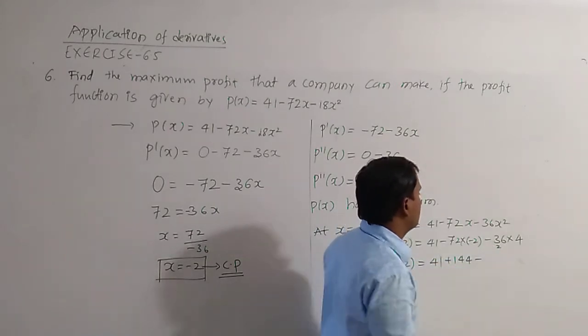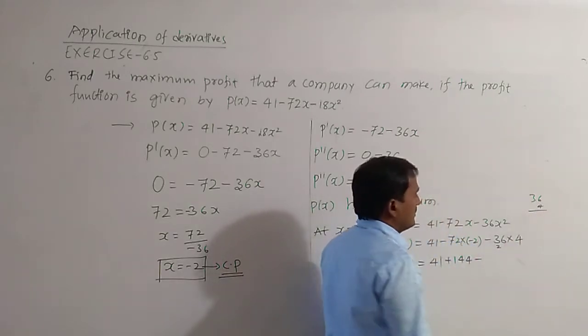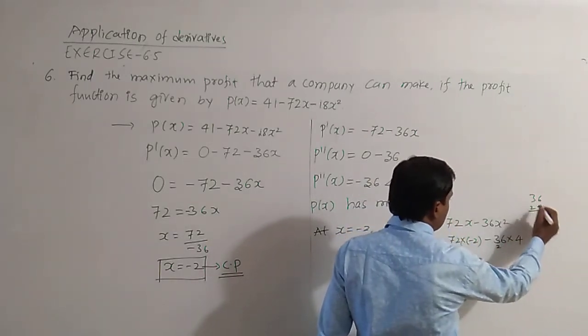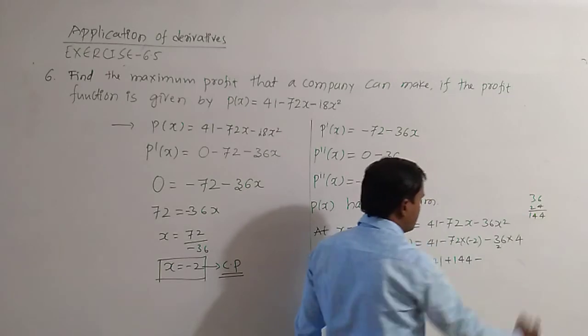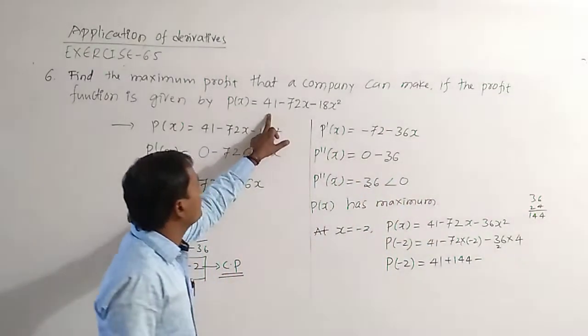Sorry, here we have to take 36 into 4, 144. So sorry, here we have made a mistake.